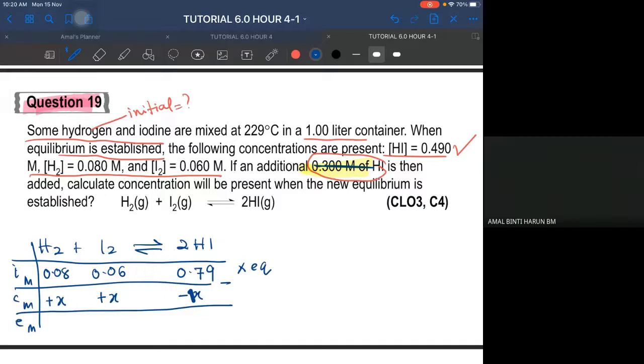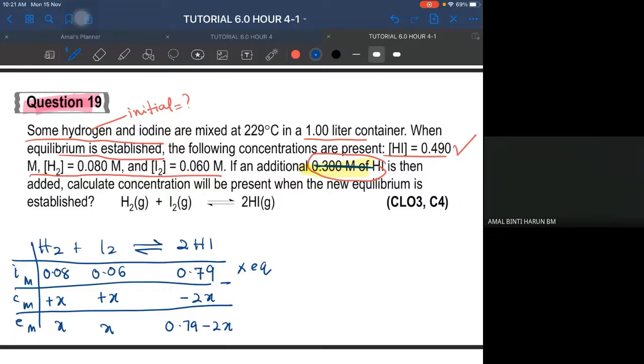So at new equilibrium, 0.79 minus 2x, x.